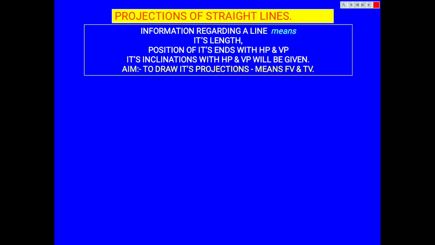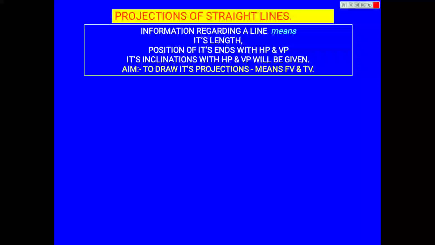So projections of straight lines. The information regarding a line means its length, position of its ends with HP and VP, its inclinations with HP and VP will be given.